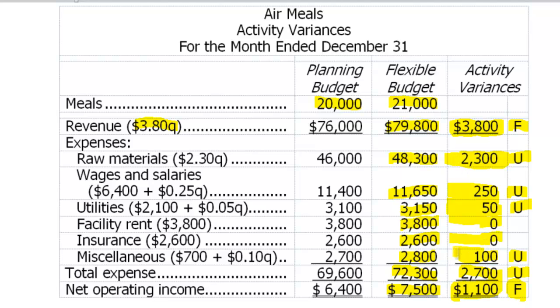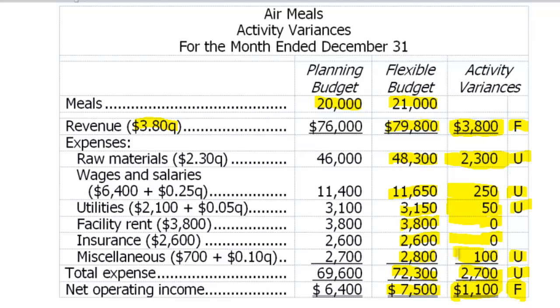Once again, there's no one particular item on here that we can be concerned about or happy about. We can't look at this in a vacuum. Don't make any assumptions. And we can say that revenues have an activity variance of $3,800.